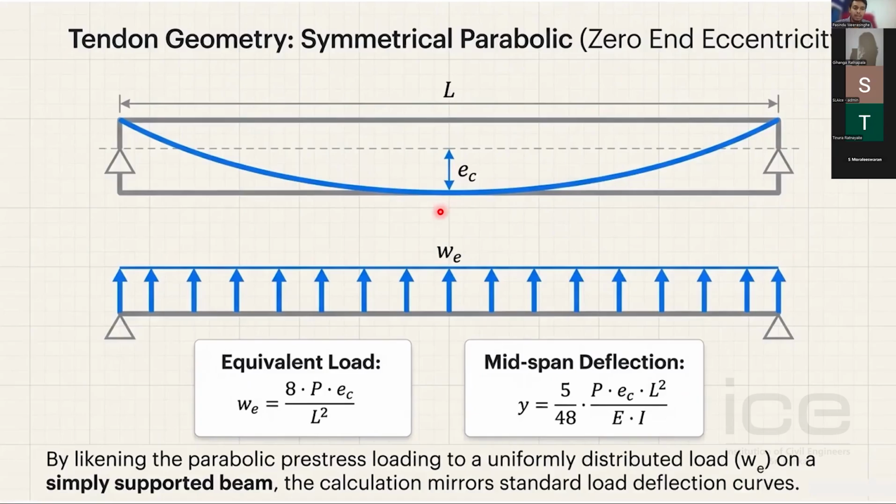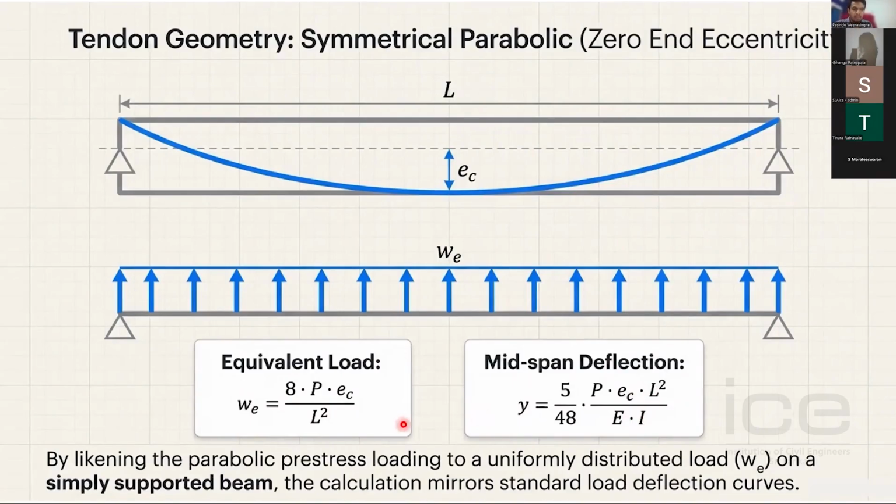Using the pre-stress force and the eccentricity at the midspan, we can take an equivalent load W equals 8P e over L squared, where e is the eccentricity at the midspan. Substituting that into the 5 over 384 equation, you will get the midspan upward deflection due to this parabolic variation. P is the pre-stress force, e is the eccentricity at the midspan, and L and EI.